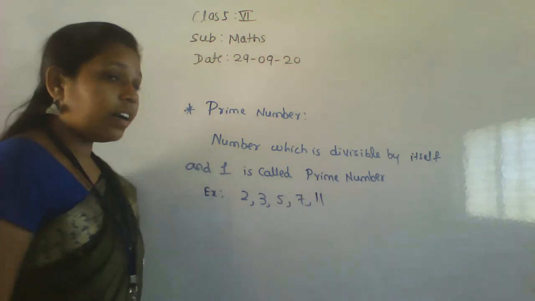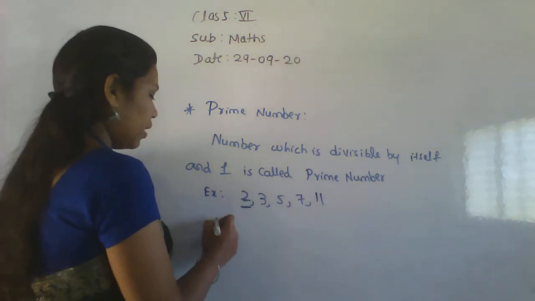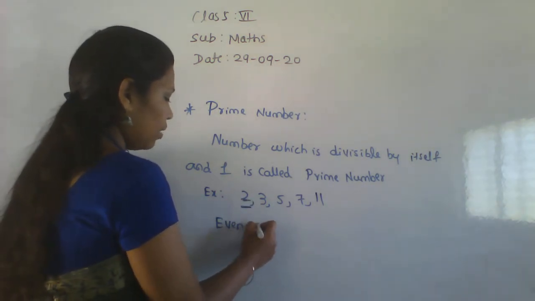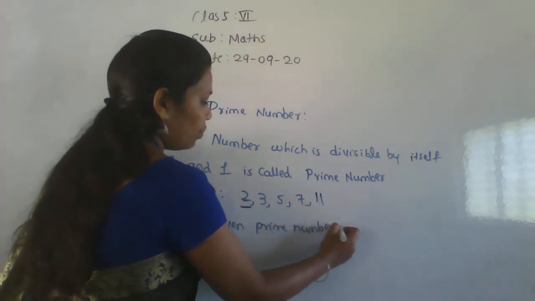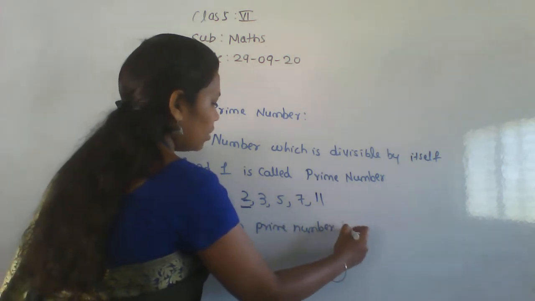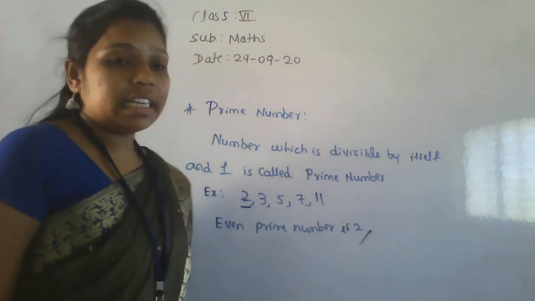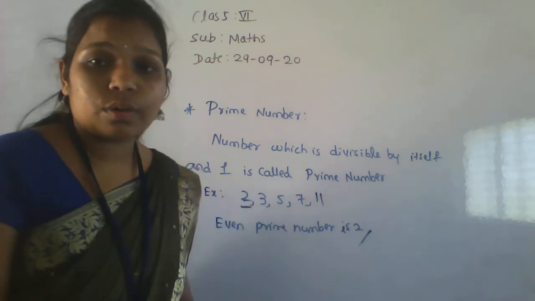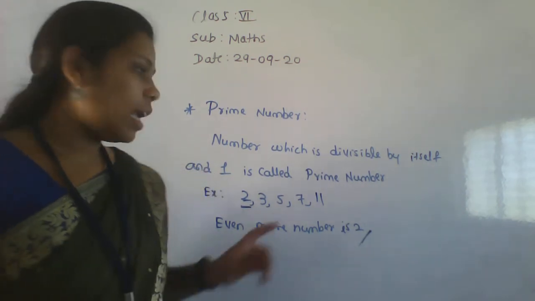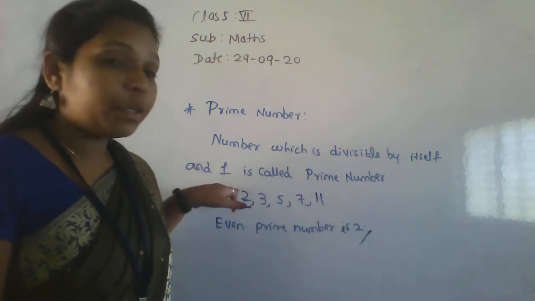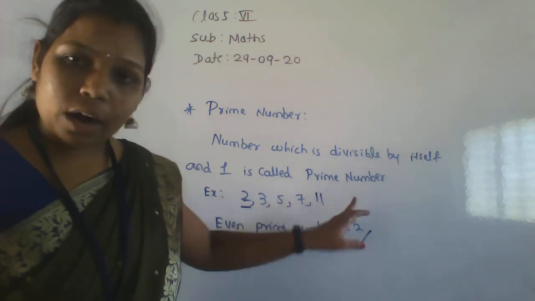Here only one is the even prime number. The even prime number is 2. The only even prime number is 2. If anyone asks you which is an even prime number, the answer is 2. Except 2, all the others are odd prime numbers.